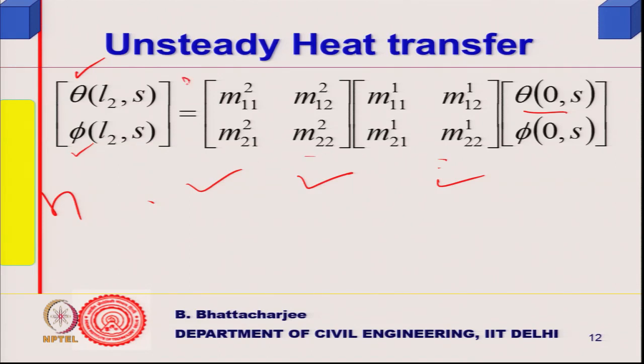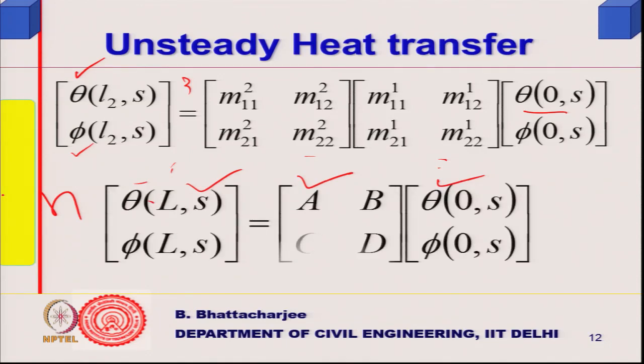I am showing 2 layers, but there can be 1, 2, 3, 4, 5, etc. So, in fact, I can write it like this. Finally, I call it the A, B, C, D matrix, which could be a product of several matrices, where L is the overall thickness of the construction.